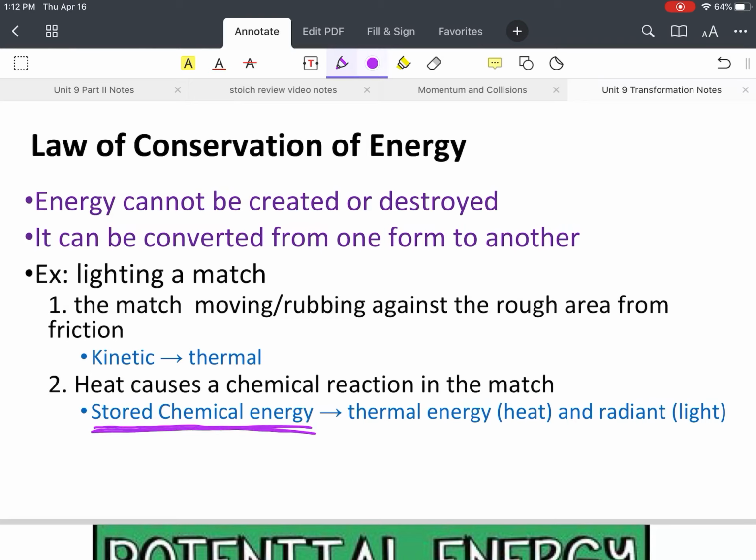Well, there's stored chemical energy inside the match. There's some kind of chemical in the match that's going to burn. So when it burns, that chemical energy is transformed into two different types, into heat and into light.